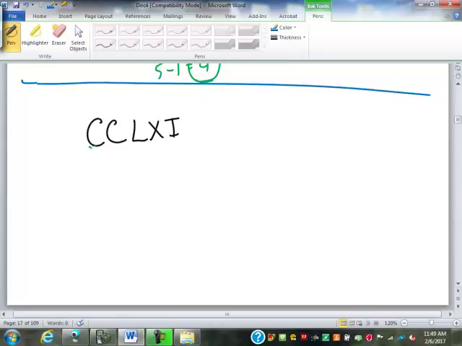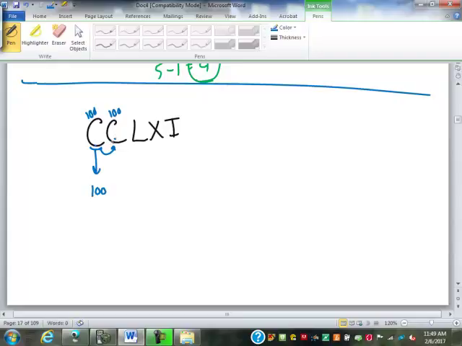This first symbol is C. The symbol that comes after it is also C. So I'm just going to fill in the values here. That's 100. That's also 100. So what that means is the symbol that comes after it is not larger than it. I can record it.